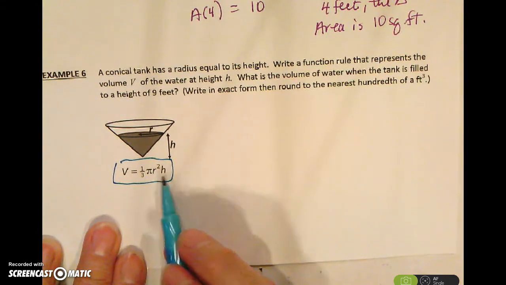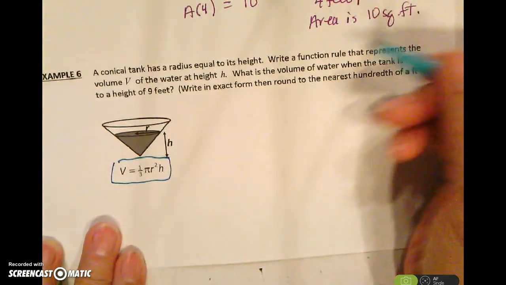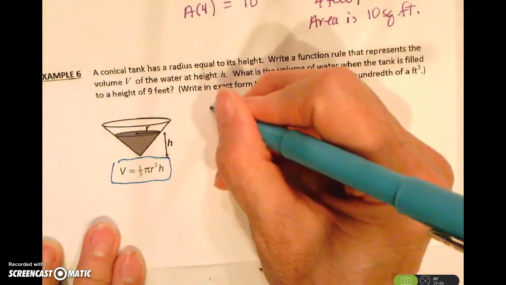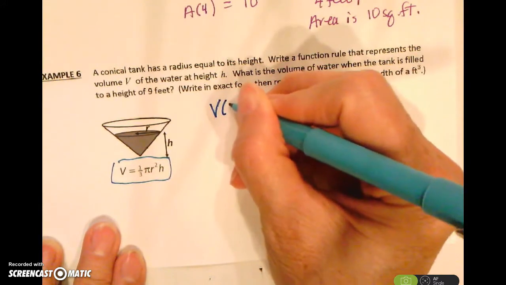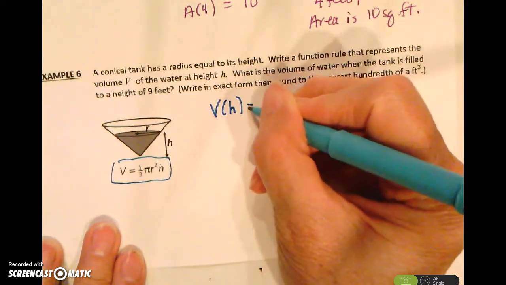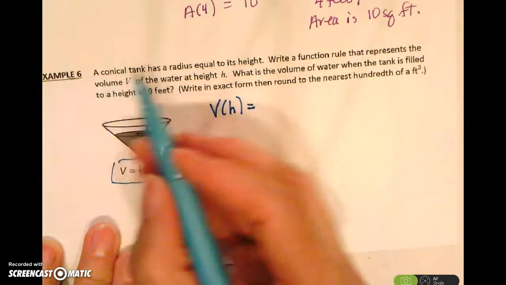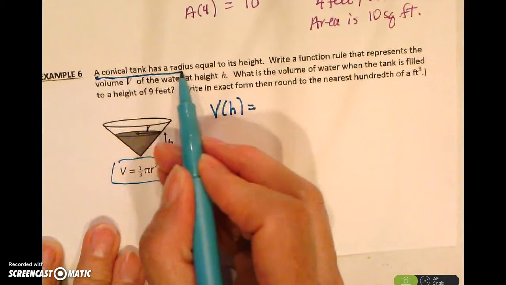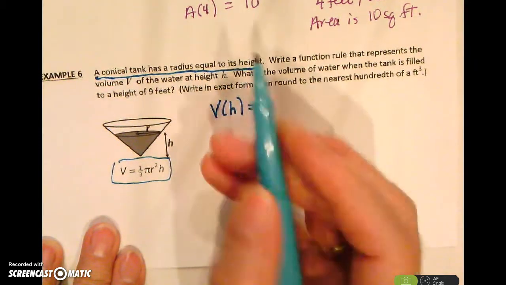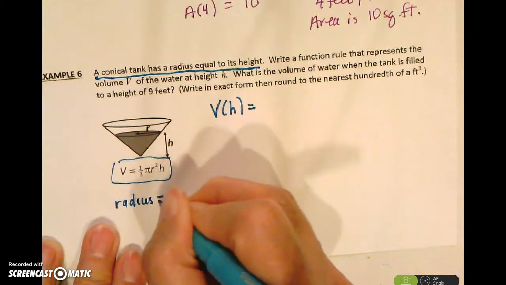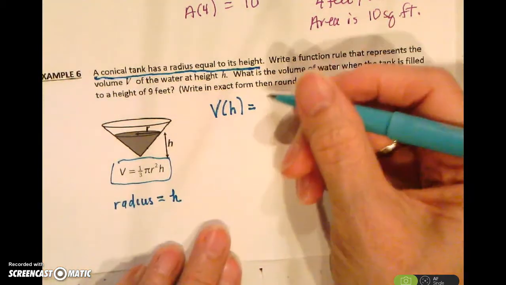So we want to write a function rule that represents the volume at height h. So the volume is going to depend on the height, so we want to write everything in terms of h. We're going to have to use this fact right here, that the radius is equal to the height. So the radius also is equal to h.